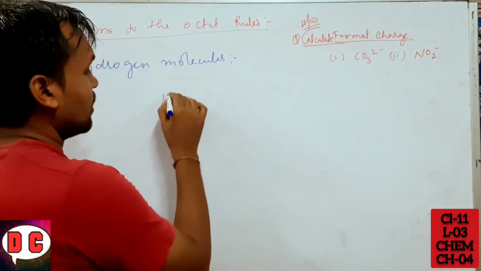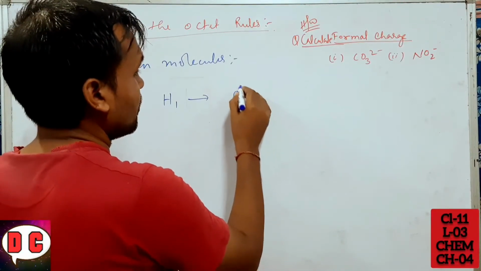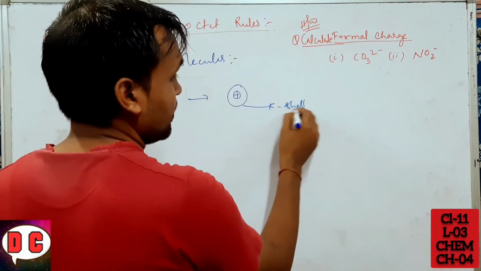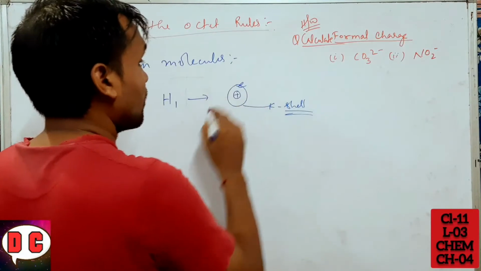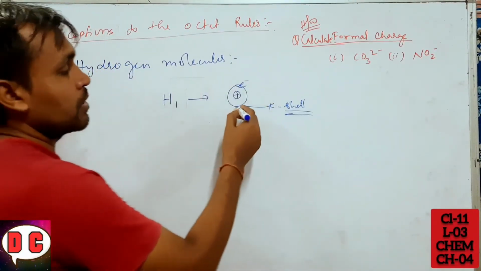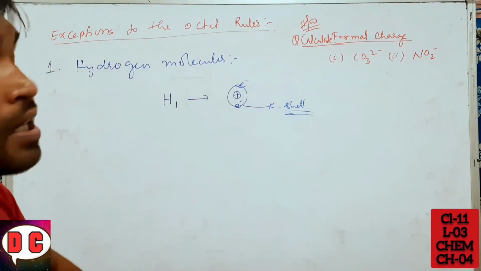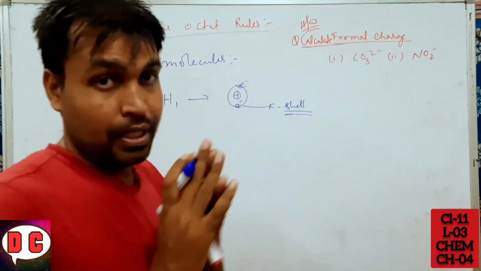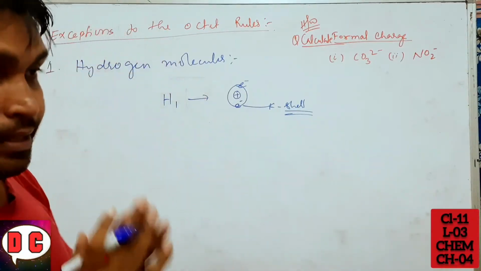If you draw the electronic configuration for hydrogen, there is the nucleus and this is the outermost shell, the K shell. All of you have studied in class 9-10 that the K shell's capacity is only 2 electrons. Hydrogen already has 1 electron and it will take 1 electron from another atom, so it has 2 electrons in the outermost shell. According to the octet rule, it should have 8 electrons to attain stability.